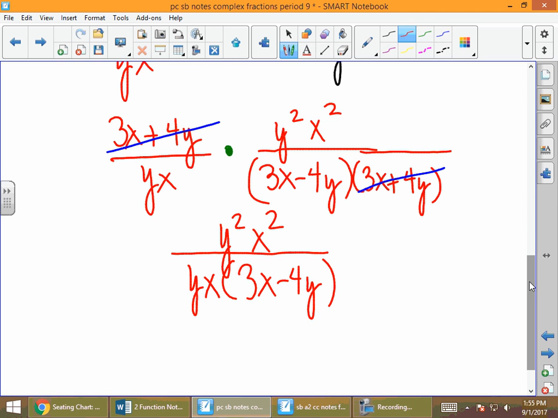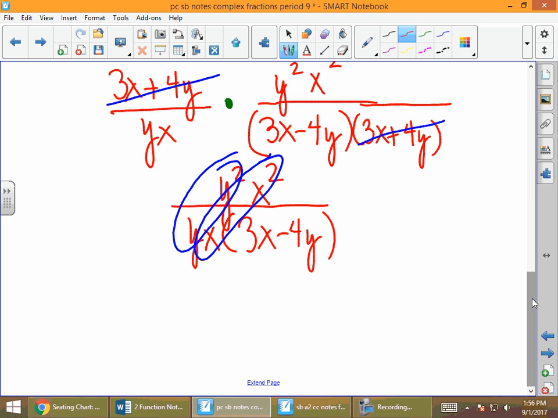Well, we can simplify. It's not exactly the same in the top and the bottom, but we can simplify that. And we can simplify here also. Remember when we divide these monomials, what happens is we divide and subtract. So this is y to the 2 minus 1, and it's going to end up in the top of the fraction because 2 is bigger than 1. And it's going to be the same computation for x.